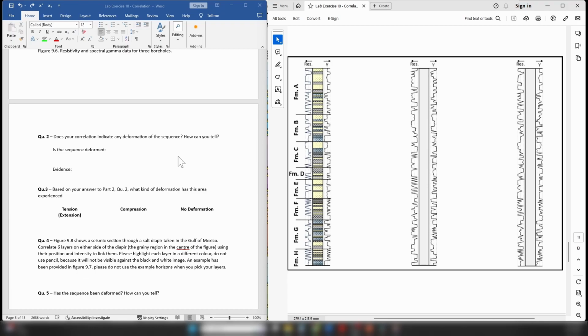So if, for instance, you notice that the boundary between formation A and formation B falls here at location 1 and then falls here for location 2, well, that would suggest that location 2 has dropped relative to location 1, and of course that would be an indicator that the sequence has been deformed.